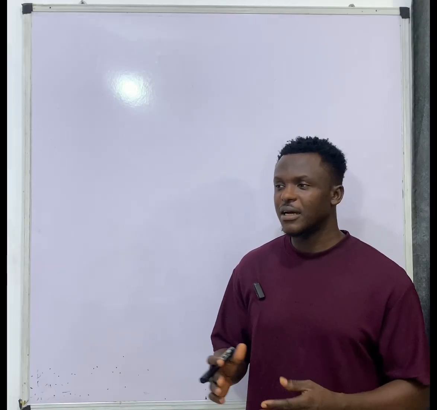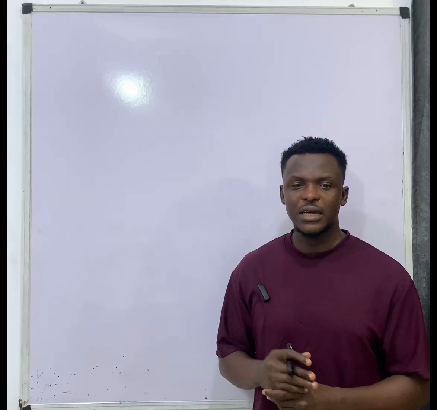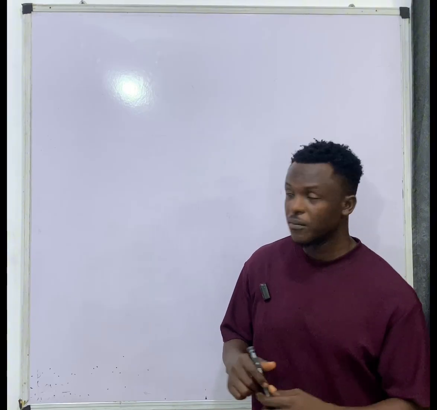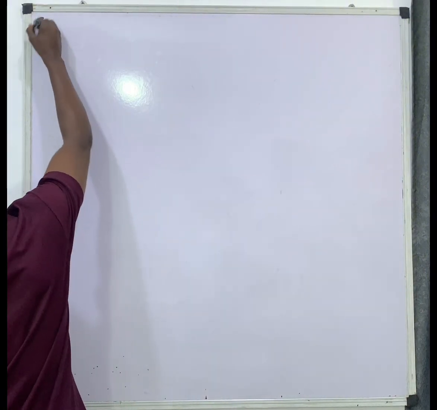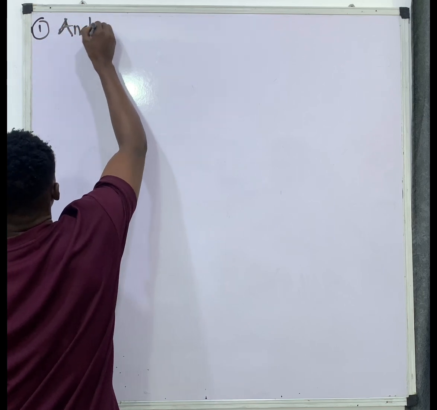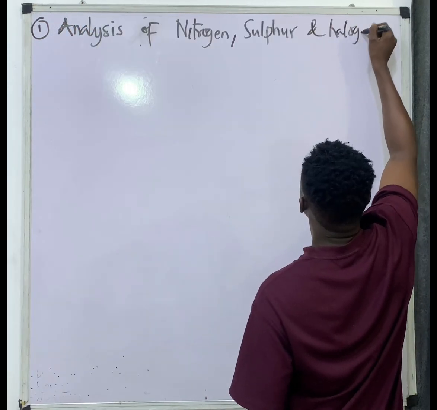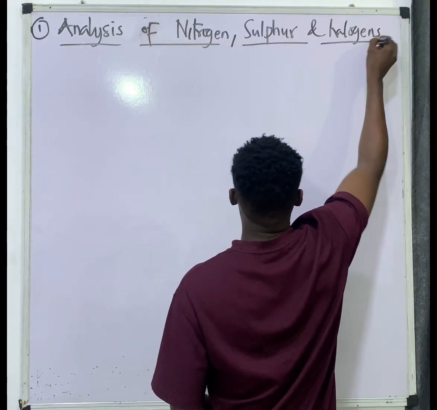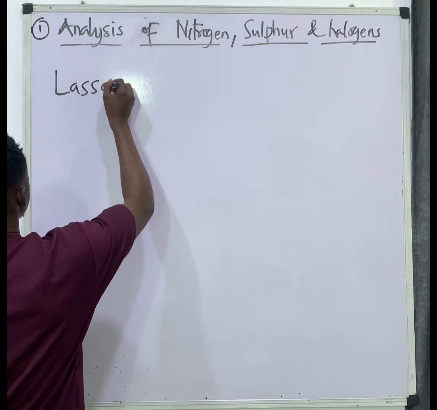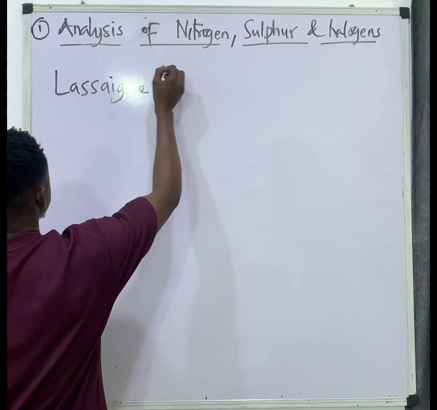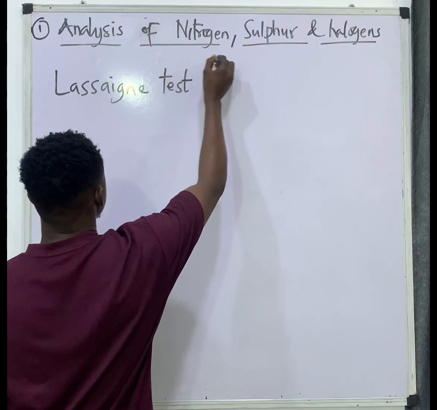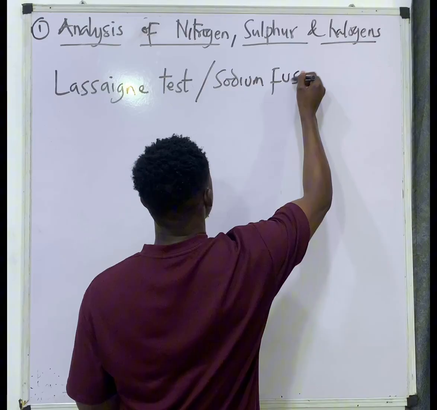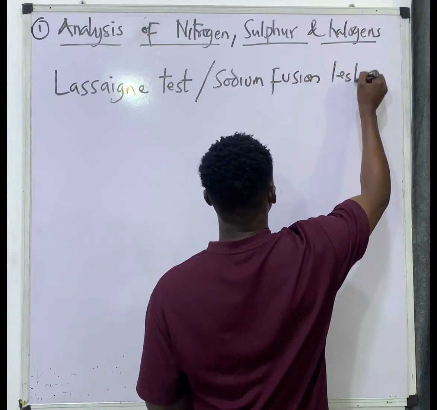Okay, so the next analysis we're going to be carrying out is analysis to identify nitrogen, halogens, and sulfur. We have the Lassaigne test, which is also known as the sodium fusion test.